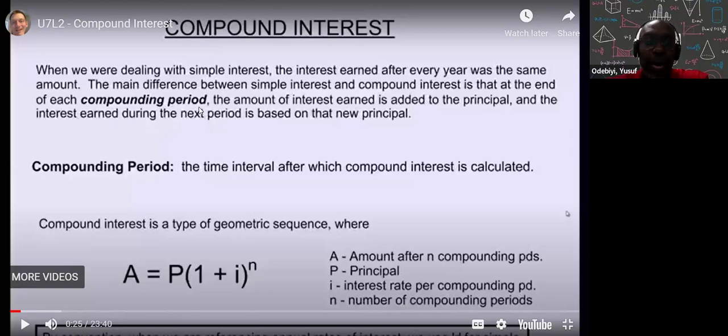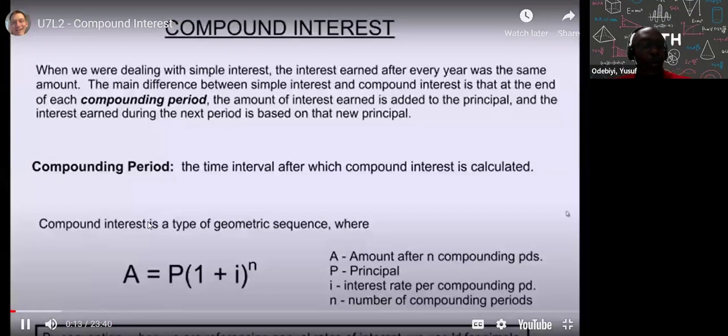Okay, so not in simple, but in compound interest. Your credit card is in compound interest. When you invest money, it's in compound interest. Okay, so that's more real life. So here we're going to talk about compound interest.